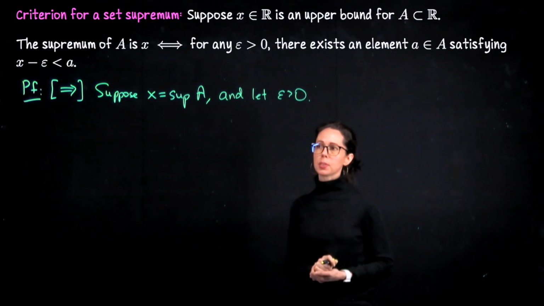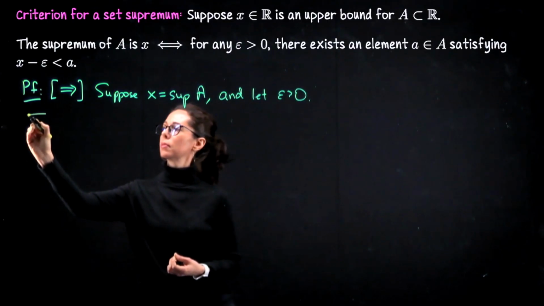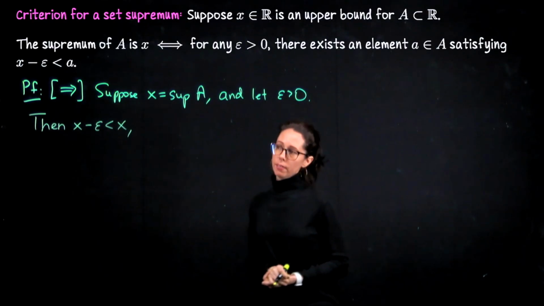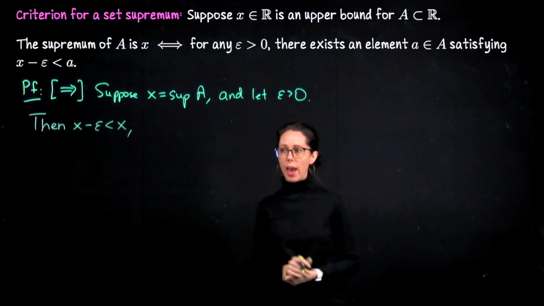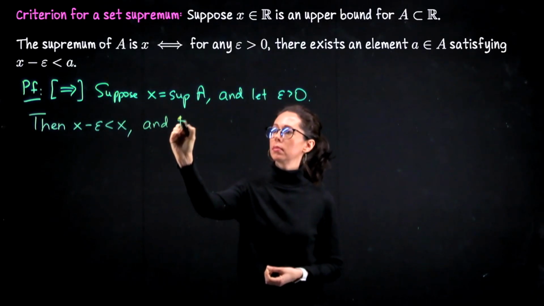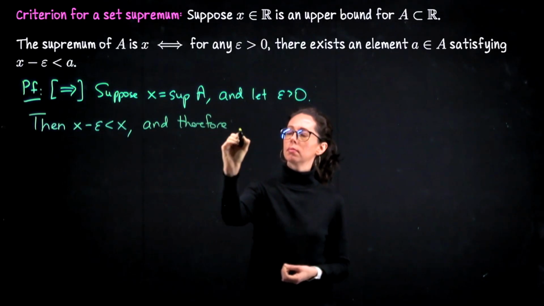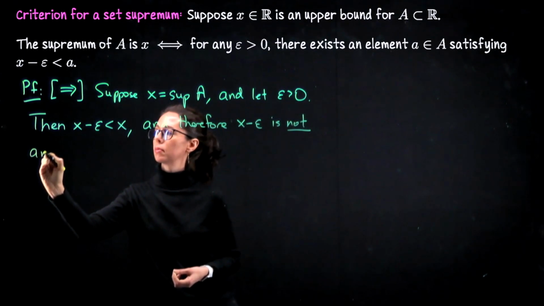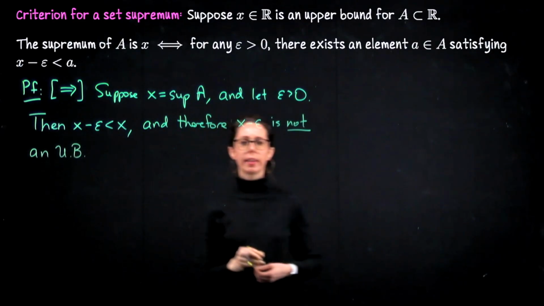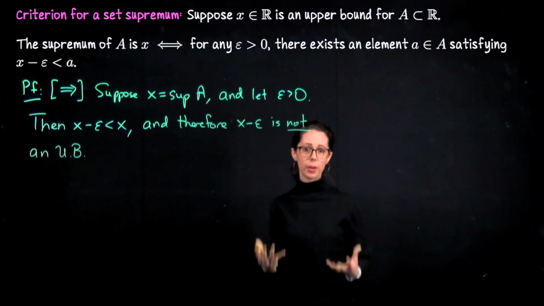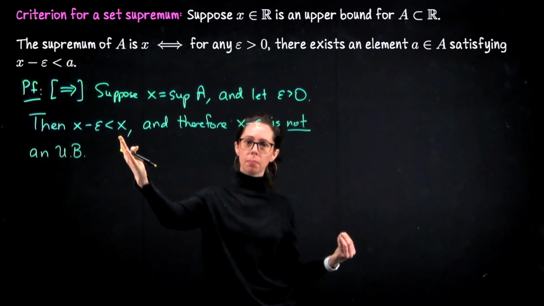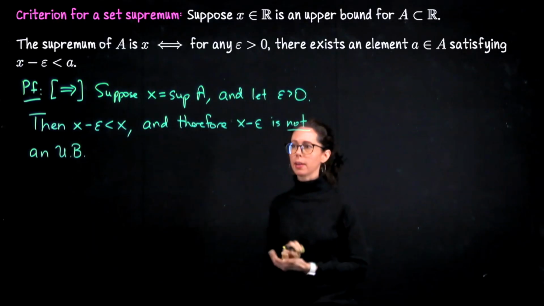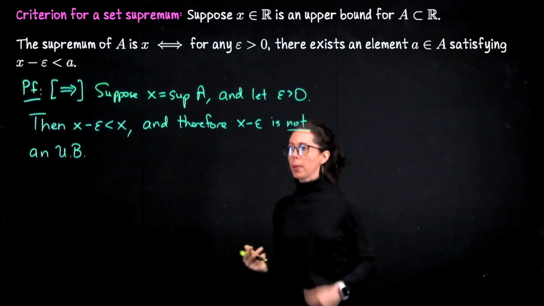Then x minus epsilon is less than x, and therefore x minus epsilon is not an upper bound of A. There's no need here for contradiction or anything like that. I'm applying the definition of supremum. Since x is the set supremum, it is the least upper bound. A number smaller than x, therefore, is not an upper bound. You don't need to write more than that. So x minus epsilon is not an upper bound of A.